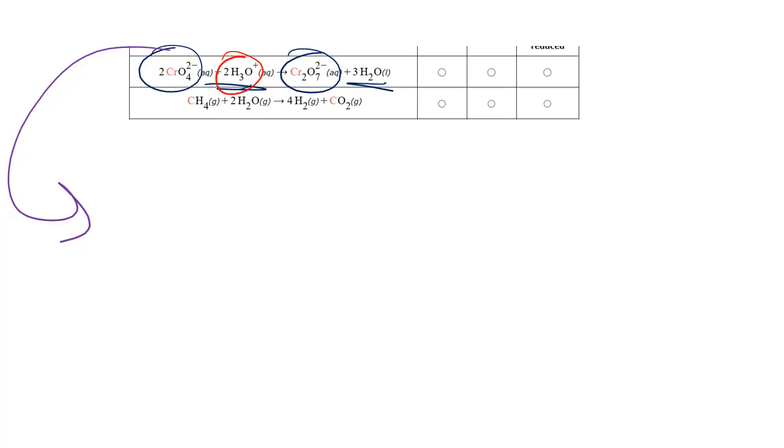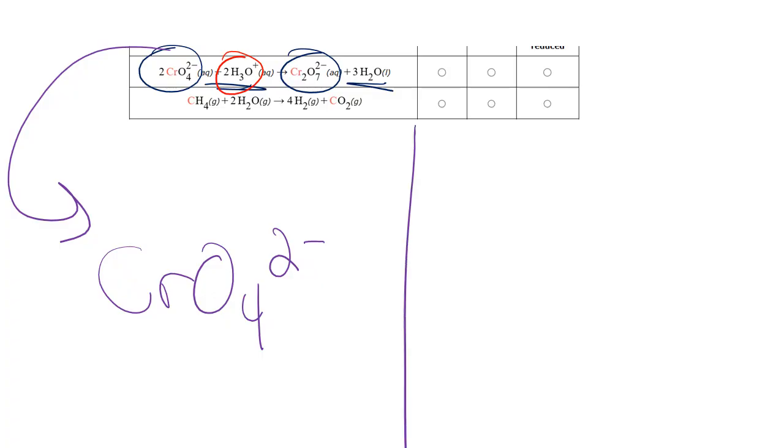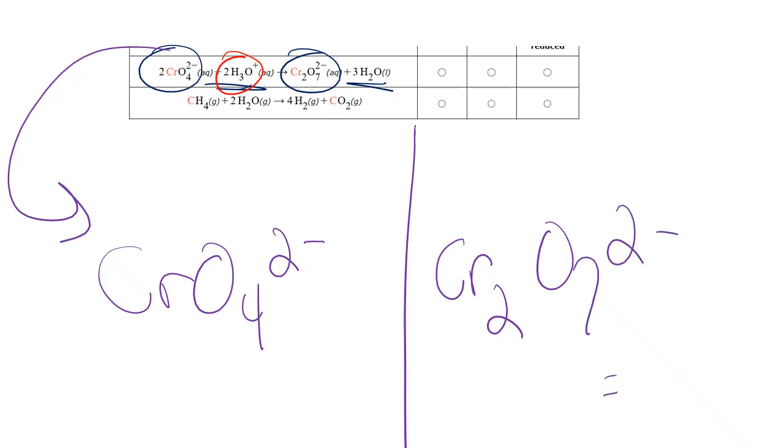But here we have CrO4 2- on the reactant side, and on the product side we have Cr2O7 2-. So if we set this up algebraically, both will equal a -2. Then oxygen is always a -2.